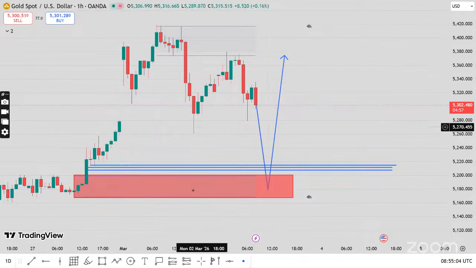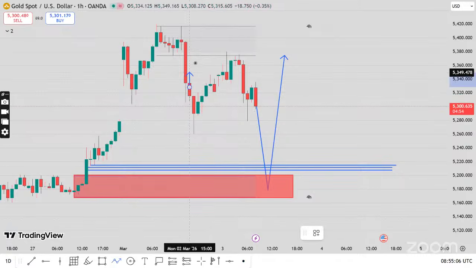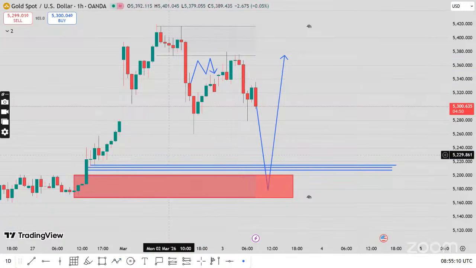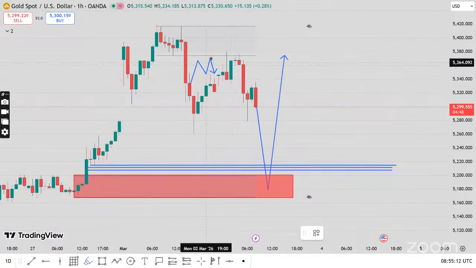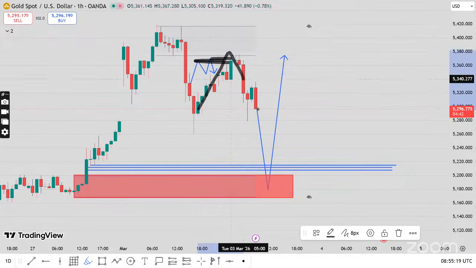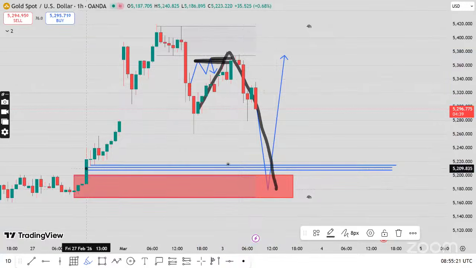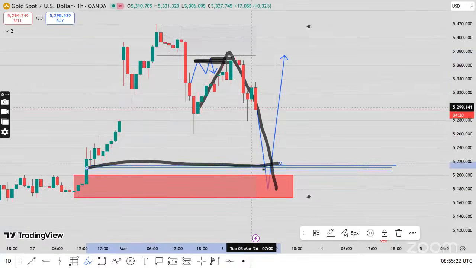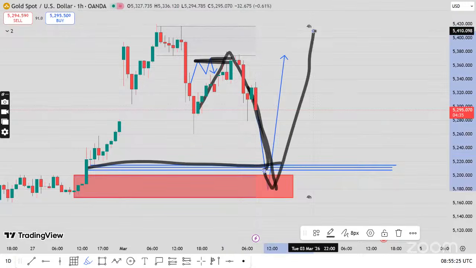So because there was no inducement, we needed to see something like this. By that I mean there must be a level here that price must have taken out and then come back here and move downwards, just the way we have this level that price must take out, come in here and then move upward.